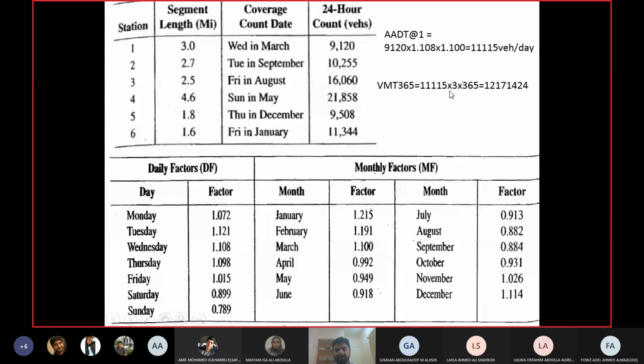Then you multiply AADT with the length, which is 3 miles, and 365, the number of days in the year. So VMT for station 1 is, I think, 12,171,424. Something like this, so a big value.